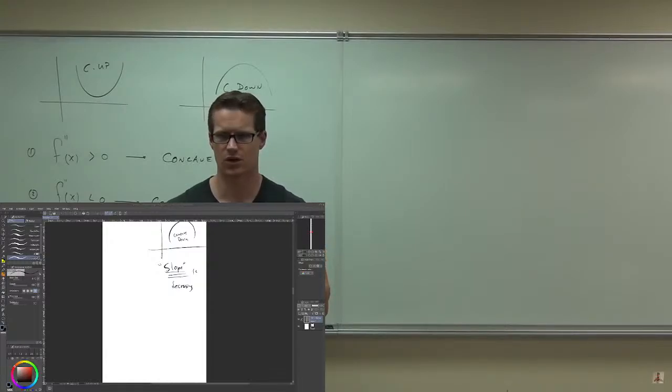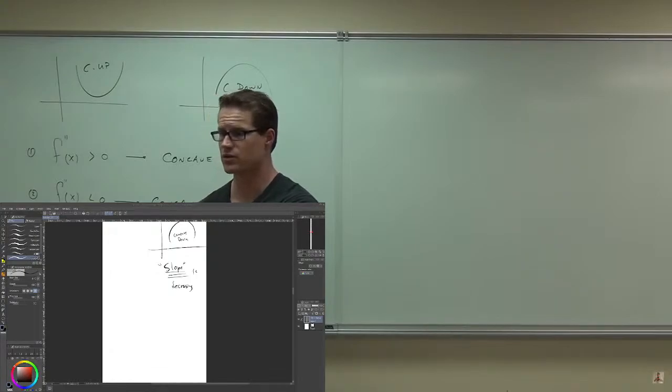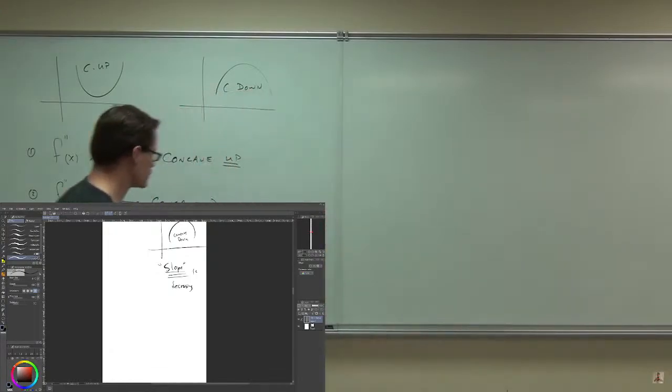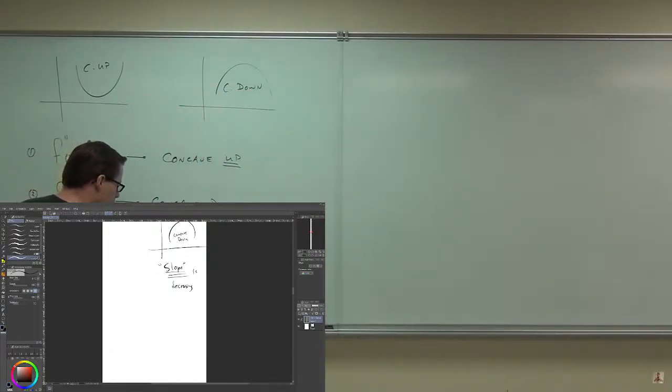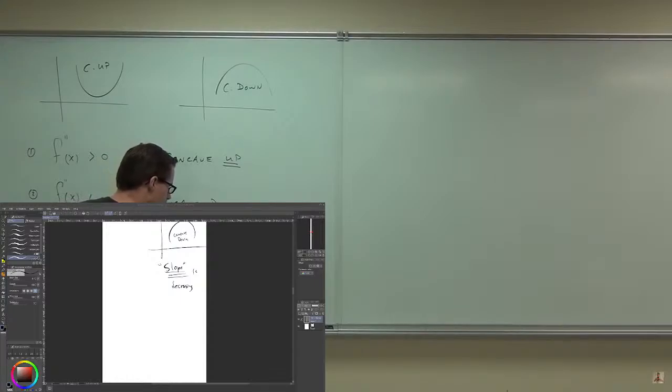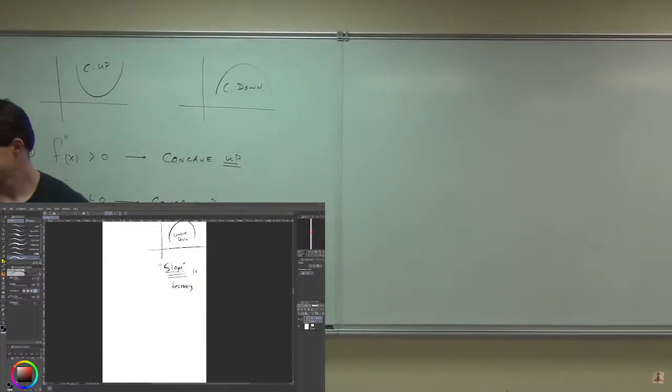Do you remember what that point was called? Inflection point. This is a possible inflection point. There's cases where it's not, but it's possibly an inflection point. Or PIP. PIP.